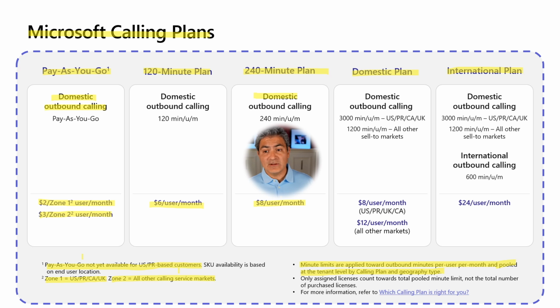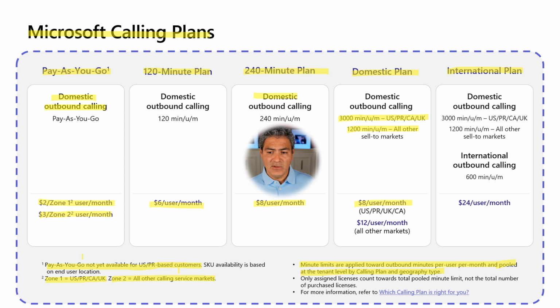Also the domestic plan, it's very interesting because the price is also $8, but it seems like you get a lot more than the 240 because you're getting 3,000 minutes per user per month for users that are based in the US, Puerto Rico, Canada, and the UK. And then in all other markets, consider France or Italy or Ireland and so on, they are getting 1,200 minutes per user per month.